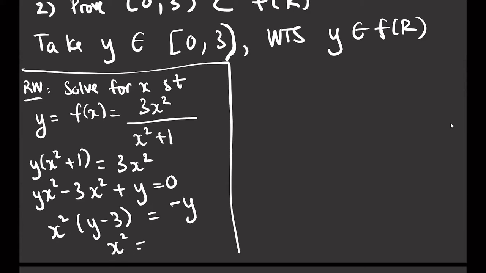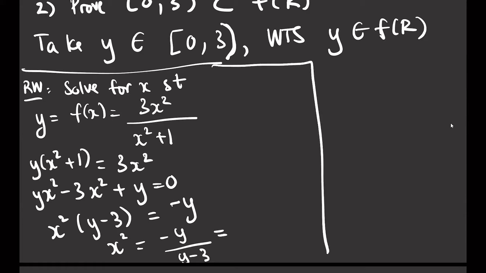And I have x squared equal to negative y over 1 minus 3. Do we not use the quadratic formula? Yes, you can, of course.